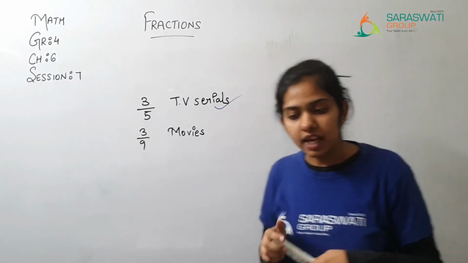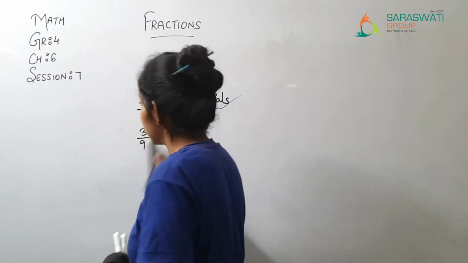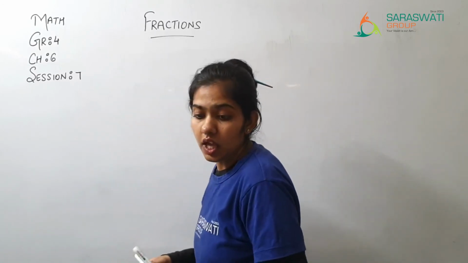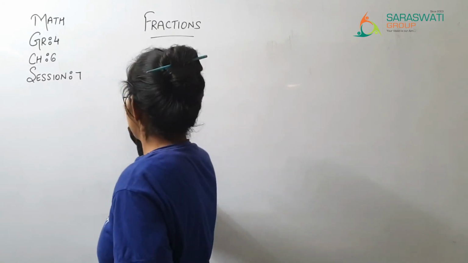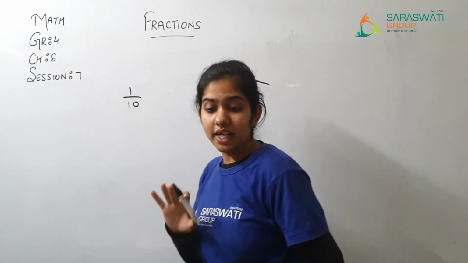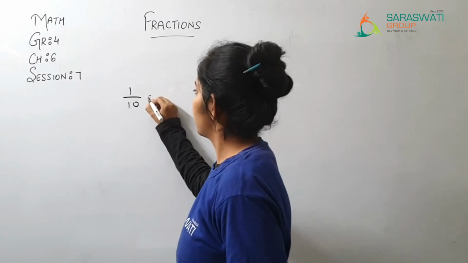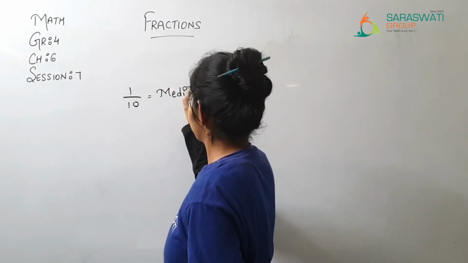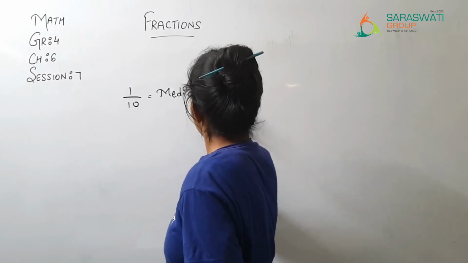Okay? Then afterward, Hari's father set aside 1/10 of his salary for medical expenses. उसकी सैलरी में से 1/10 पार्ट मेडिकल एक्सपेंस का, right?